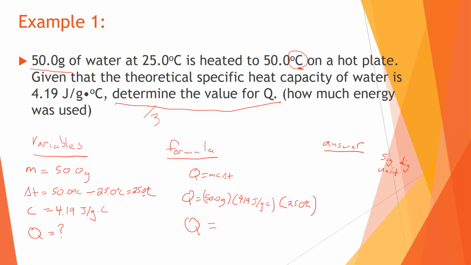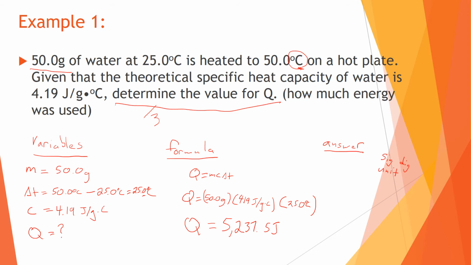Remember, keep the numbers in your calculator right to the end, and then we round after. So 50 times 4.19 times 25.0 gives me 5,237.5 joules.